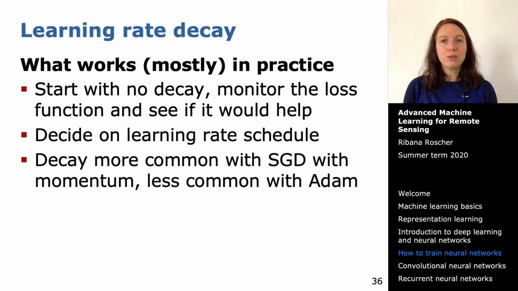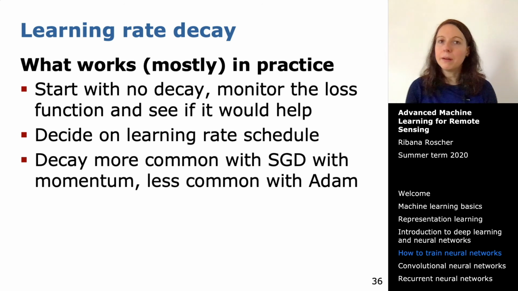What works mostly in practice is you don't necessarily need to use a decay. You just monitor the loss and see if it might help you to optimize fast and efficiently for your task, and then you decide on a learning rate schedule. You can use just this decay or this one cycle optimization, or you just leave it. Maybe you decide you don't need it for your procedure.